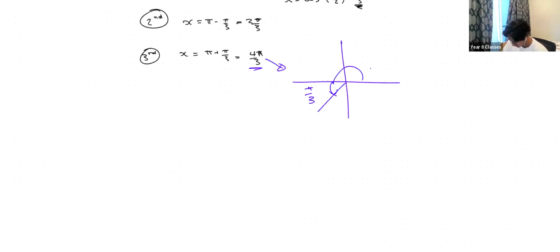So the other way, it's going to be pi plus 2 pi on 3, I believe. Actually, no, I'm tripping. Wait, hold on.